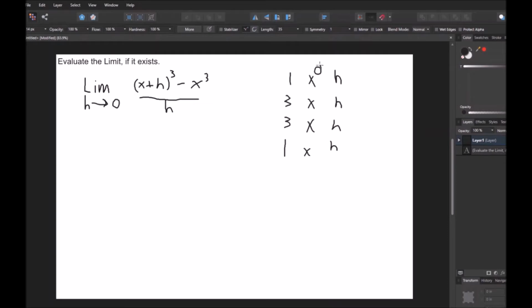And then I'm going to raise this to the 0 power, this to the first power, this to the second power, and this to the third power, and I'm going to work my way down. It might actually be the other way around. Let me try it the other way around. No, I don't think it is.